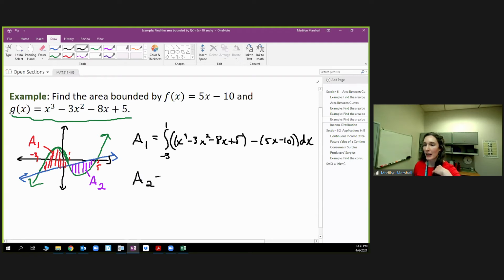Then we can look at A2. Actually, I'm going to give some room here. So A2 is picking up where A1 left off. It's starting at 1 and now going up to 5.